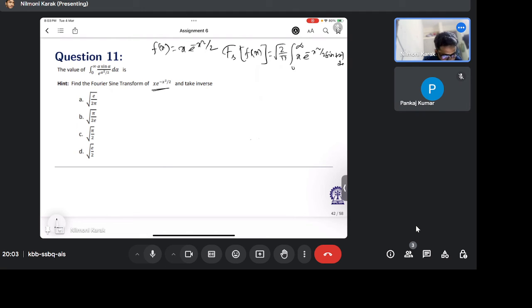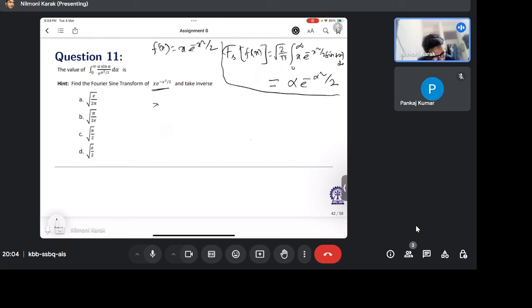If you check in the lecture, you can see this is nothing but alpha times e to the power minus alpha square by 2. To evaluate this integral you need a different approach, but you can already find this in the lecture, so I'm not going to solve this integral.